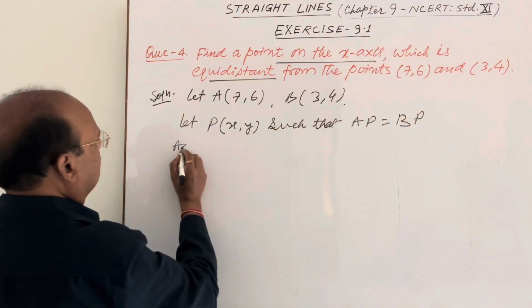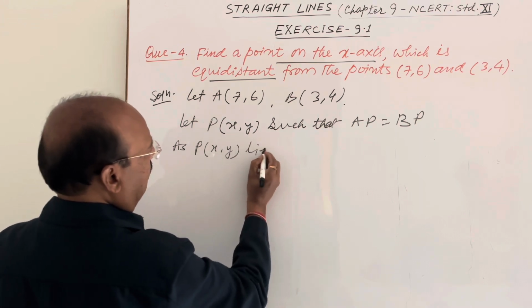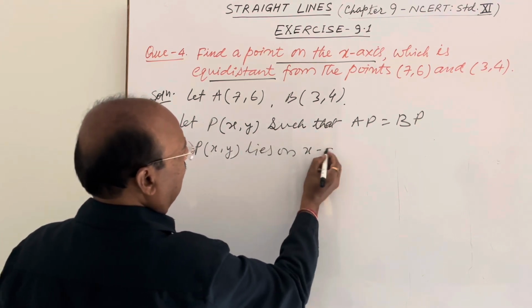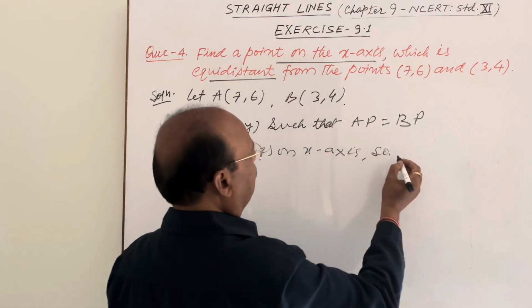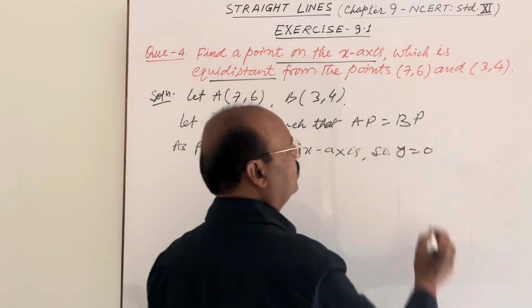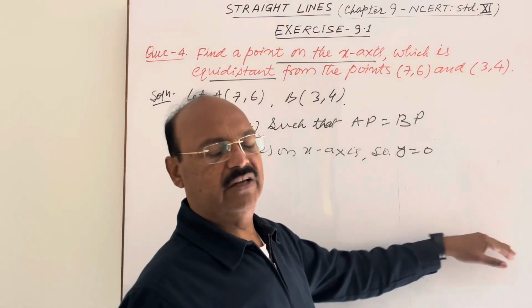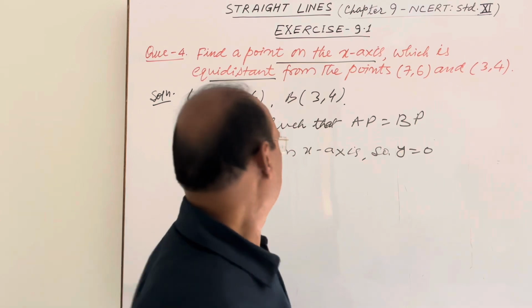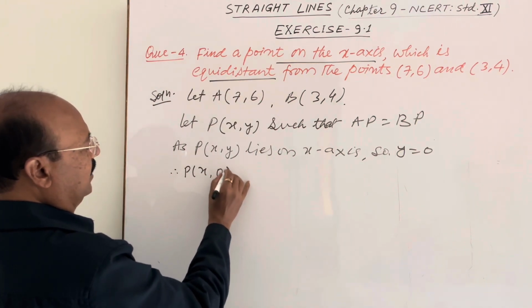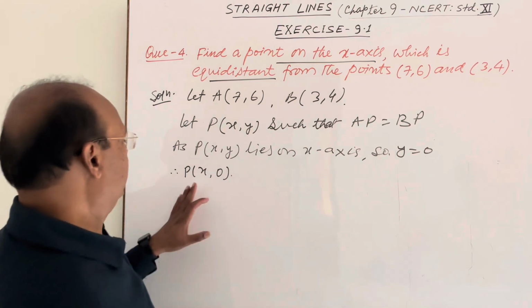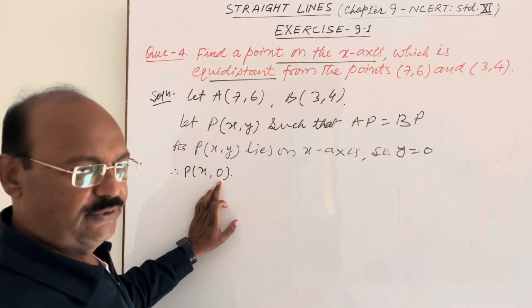So as P lies on the x-axis, the y coordinate will be 0, because you know that along the x-axis the y coordinate is always 0. Therefore point P has coordinates x and 0. Simply we have to find the value of x here.